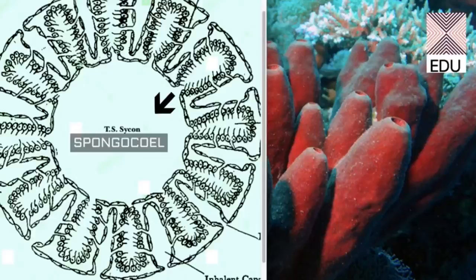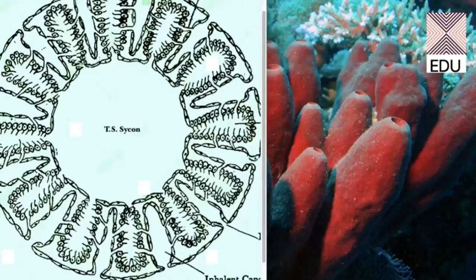Now this is the spongocoel. From here it goes to the osculum and then it goes to the outside. So that was the water current. So that was all about the structure and morphological and anatomical characteristics of Scypha. Thank you.